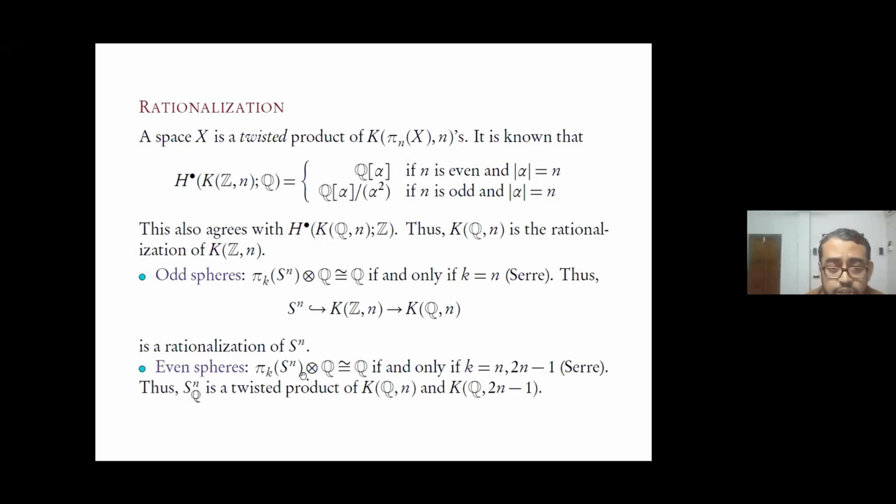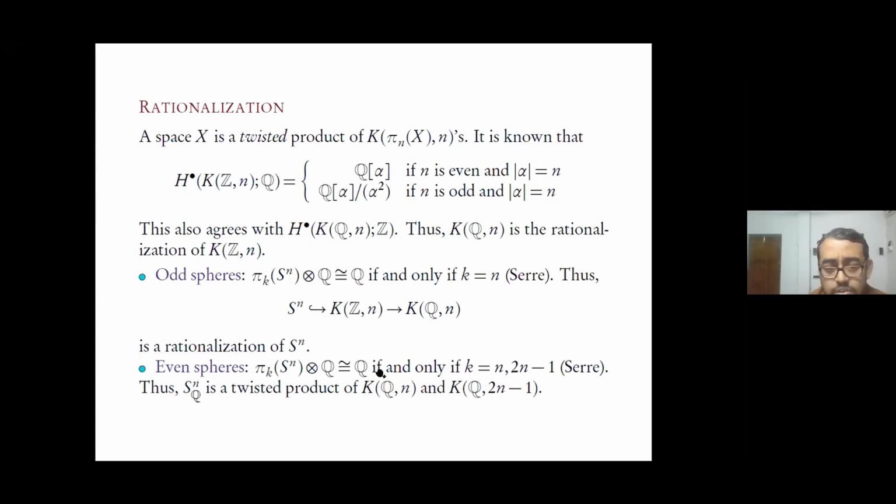Okay. So in particular, if you were to rationalize the sphere Sn where n is even, and this is what I was calling the rationalization, you expect it to be some sort of a twisted product of KQn and KQ2n minus 1, right? Because these are the only non-trivial homotopy groups of SnQ.